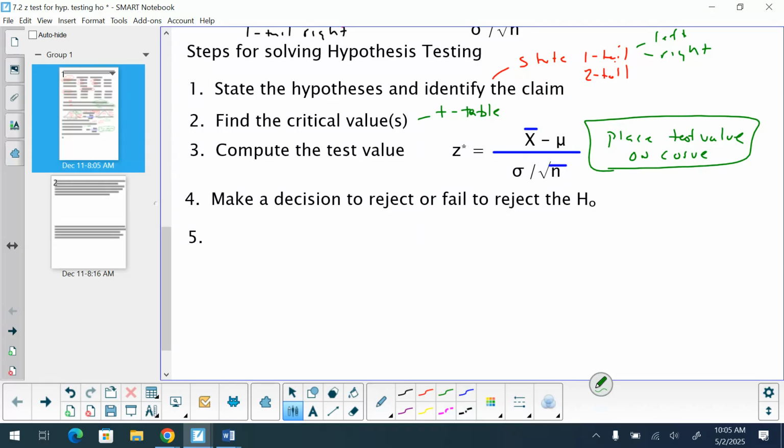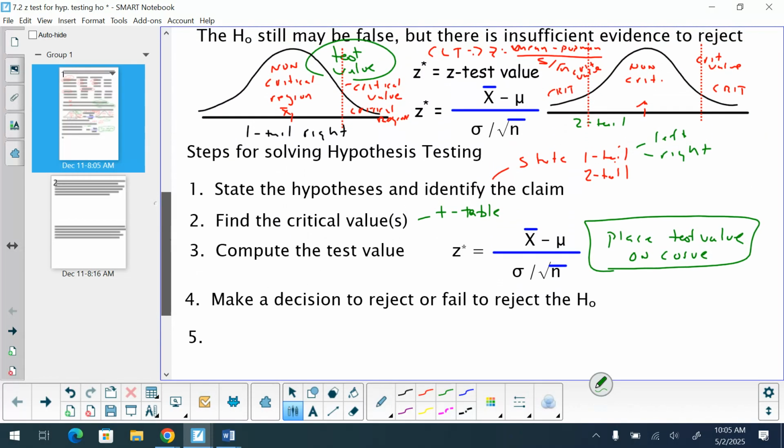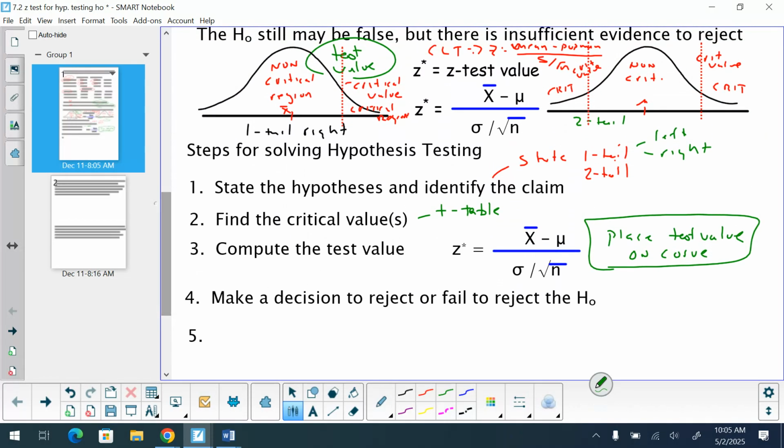We may want to place our test value on the curve, whatever this test value is. My test value may fall in here, or my test value may fall over here. If my test value falls in the critical region, I reject the null hypothesis.